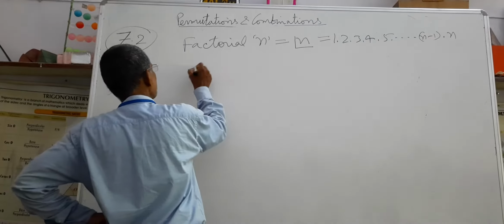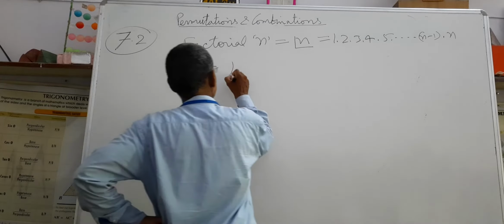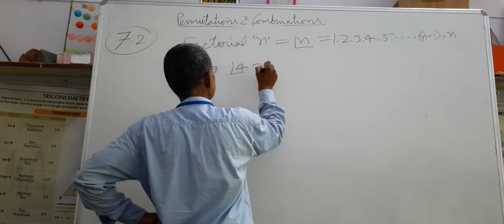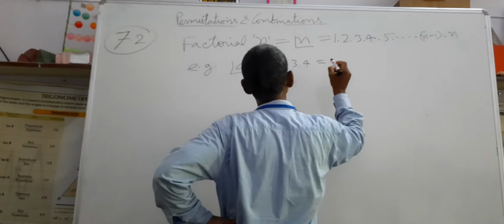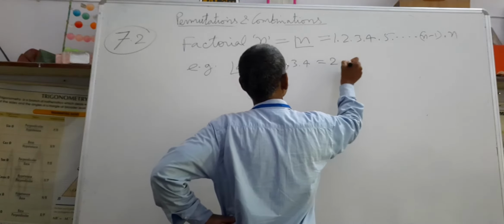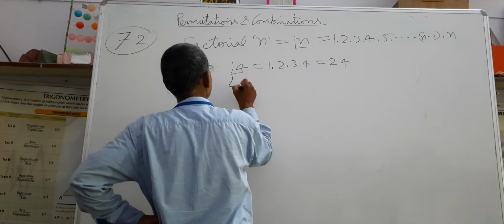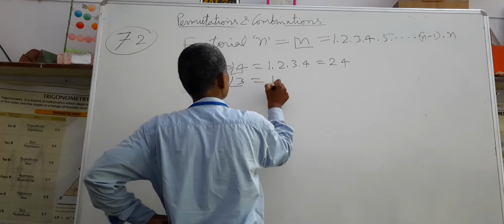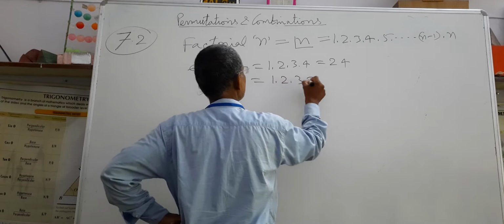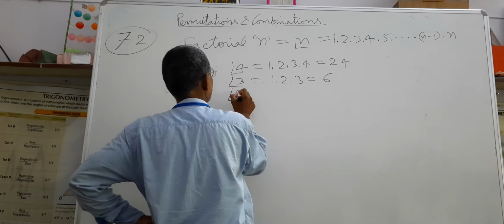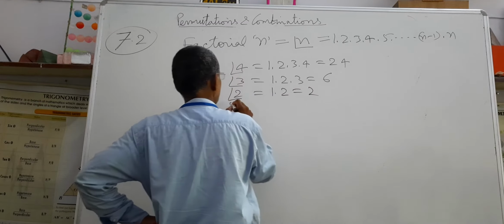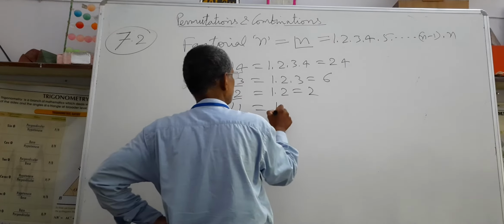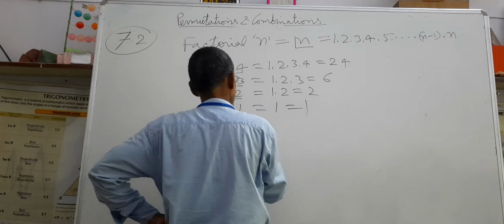For example, factorial 4 is equal to 1 into 2 into 3 into 4, which is 24. Factorial 3 is equal to 1 into 2 into 3, equal to 6. Factorial 2 is equal to 1 into 2, which is 2. Factorial 1 is equal to 1.